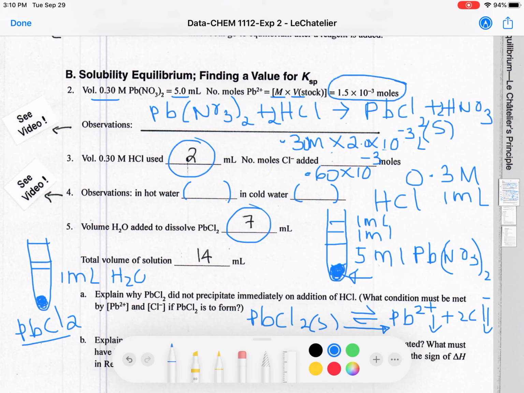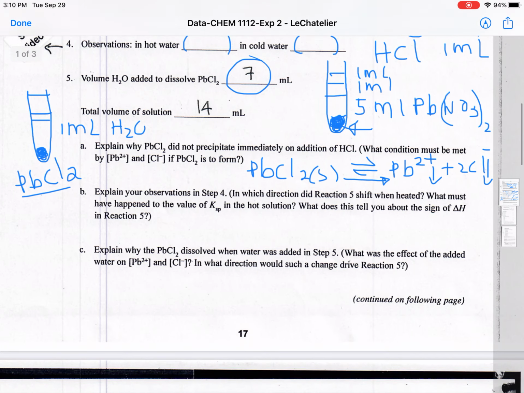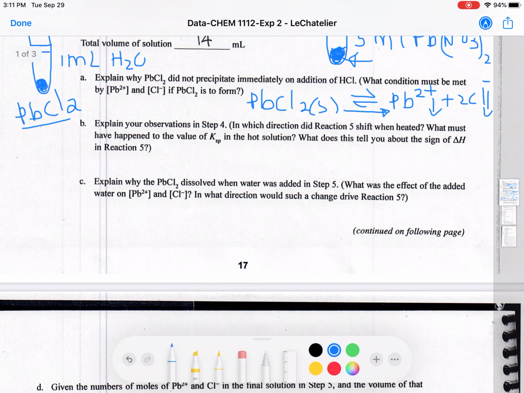And then it is asking, explain why lead chloride did not precipitate immediately on addition of hydrochloric acid. What condition must be met by lead ions and chloride ions if lead chloride is to form? If lead chloride PbCl2 is to form, then the concentration... So how do you write the solubility product of lead chloride?